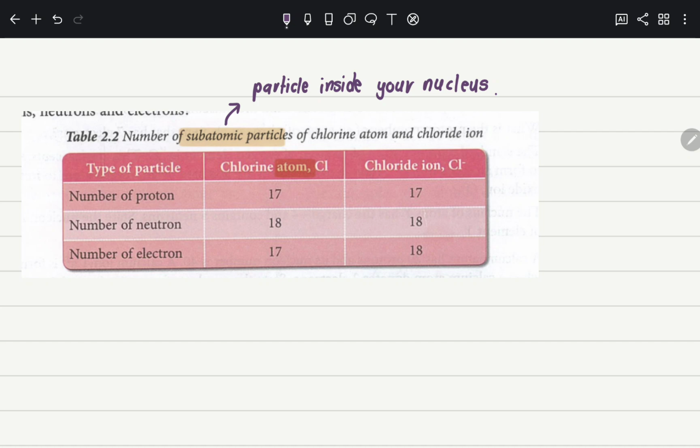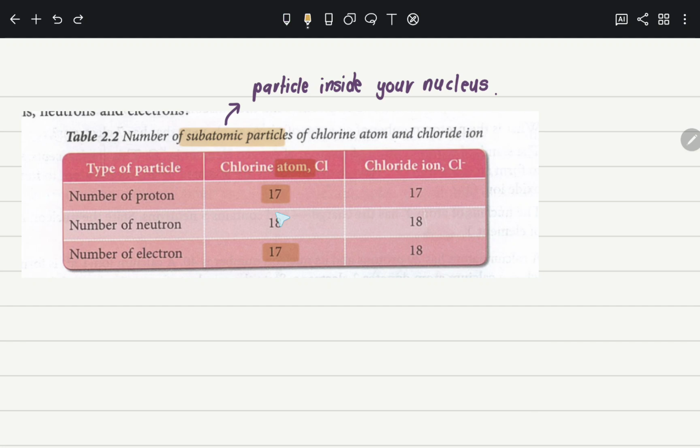I say chlorine atom, highlight the word atom. Atom means proton and electron are the same. That's why chlorine has 17 protons and 17 electrons. But for neutrons, we need to see the periodic table, the nucleon number. Then you know our nucleon number is P plus n. So if our nucleon number is something, I minus our proton and I will get my neutron.